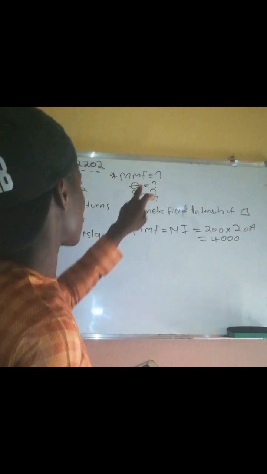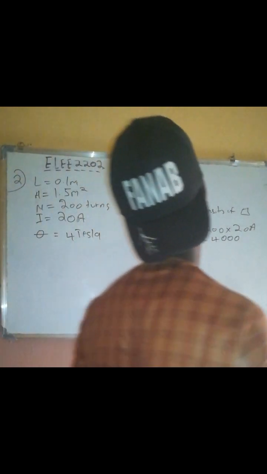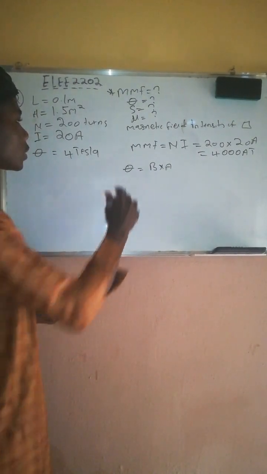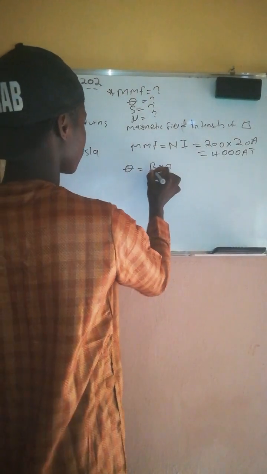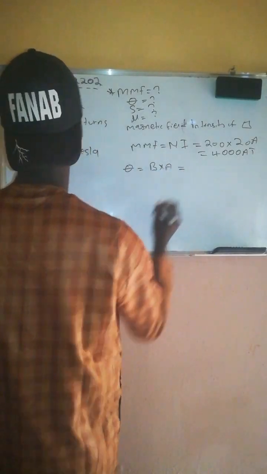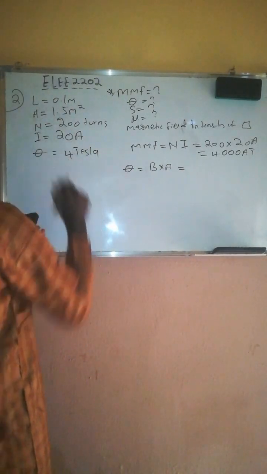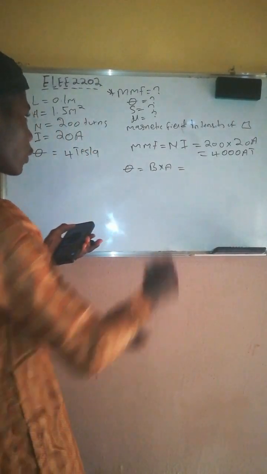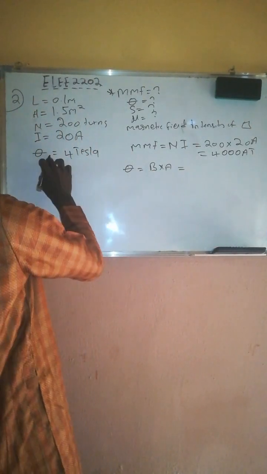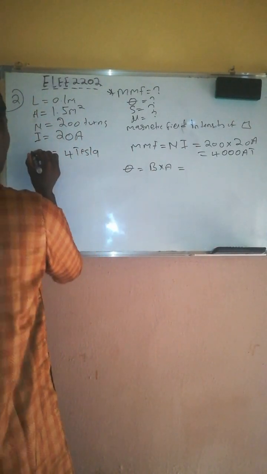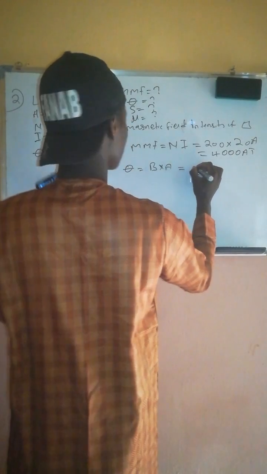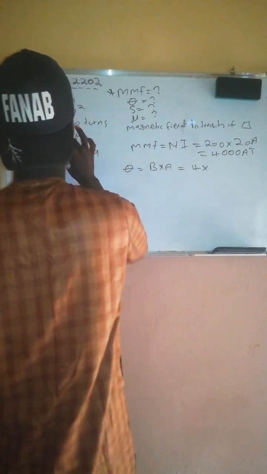The next question: we are to find the flux. Flux is equal to the flux density, which is 4, multiplied by the area.